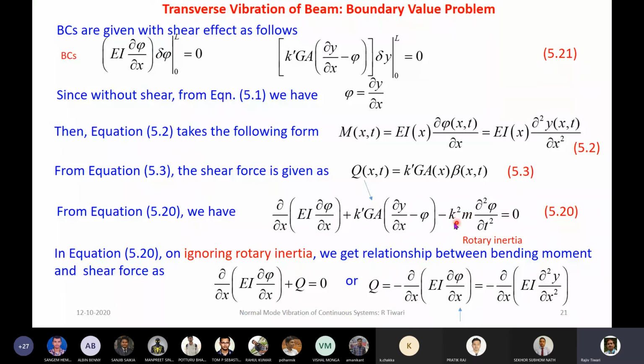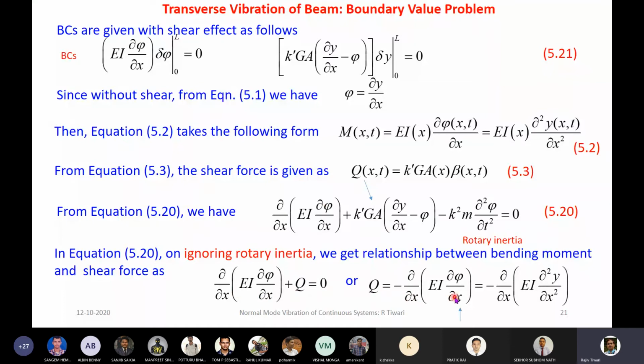So if we ignore the K rotary inertia term also, and this we write as a shear force with this one, this is as it is, and this we are writing as shear force, and this is equal to 0. So shear force can be expressed as negative of this quantity.